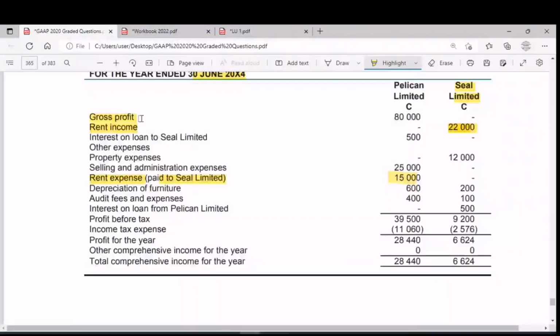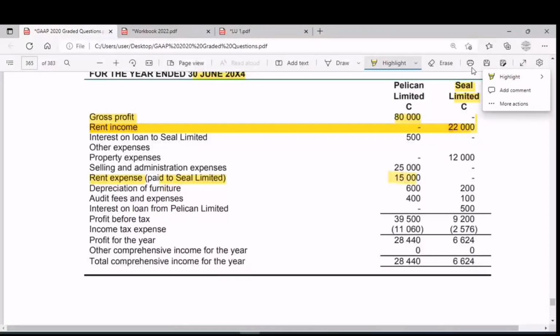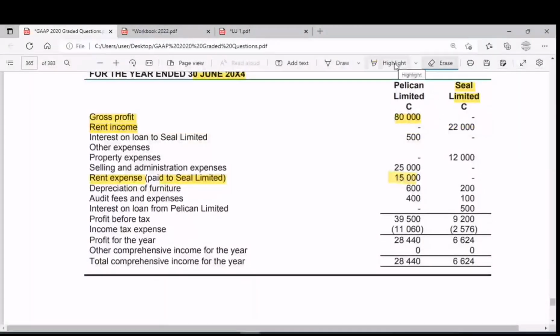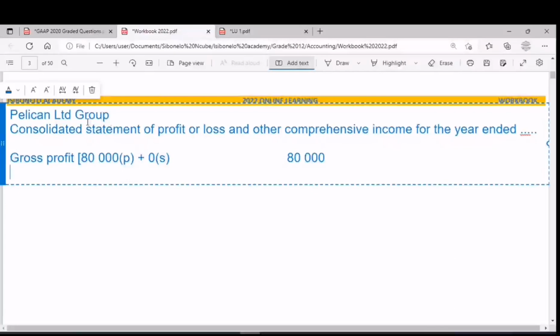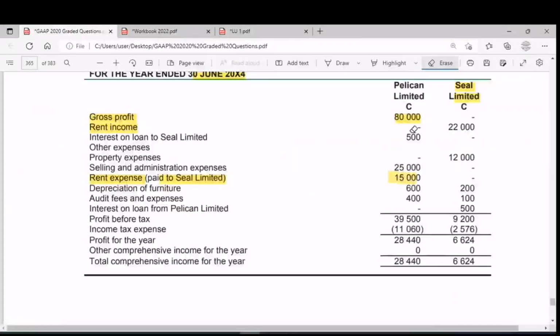When consolidating, you take the parent's gross profit and add the subsidiary's gross profit. In this case the subsidiary has no gross profit. So gross profit starts at 80,000, where P indicates the parent and S the subsidiary. Then in the income statement comes rent income: the parent's and the subsidiary's 22,000.